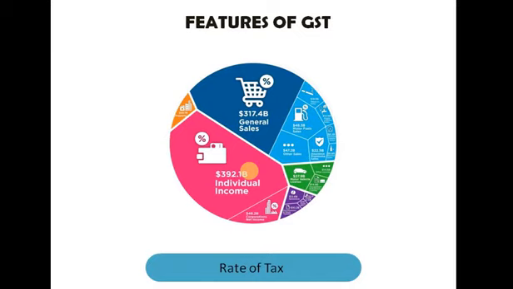And the next feature is the rate of tax. Determining the revenue tax rate for GST was a very difficult task. It was not easy to finalize the tax rate. So a low rate as well as a high rate has been adopted. They decided the low rate should be quoted for all necessary items, that is 5%, or 0% exempted, for which products the nil rate has to be given.